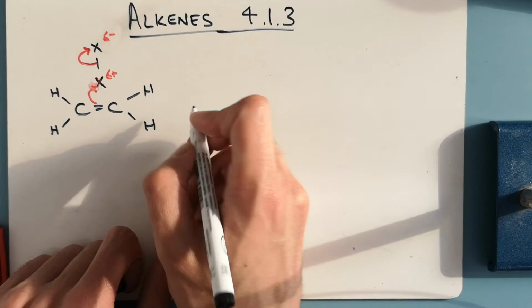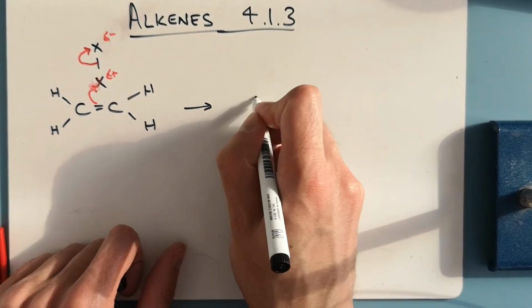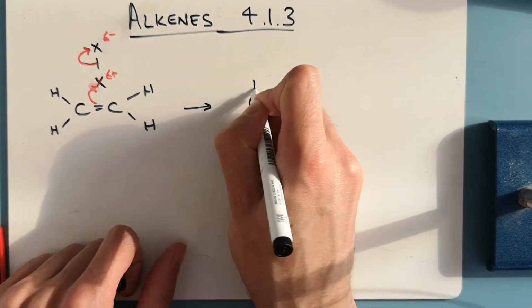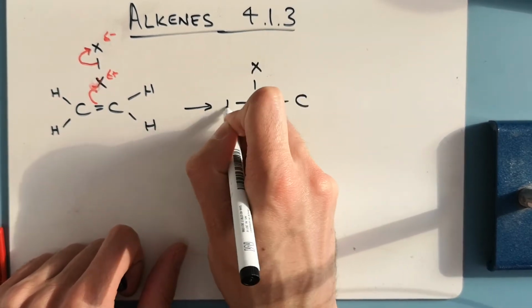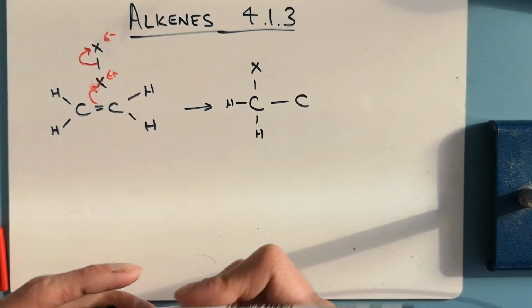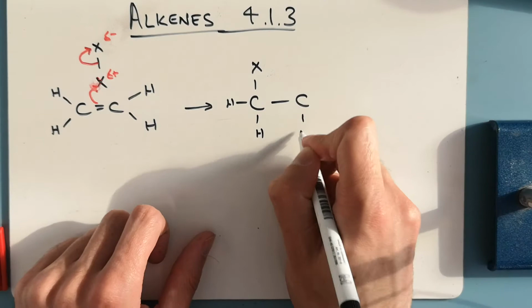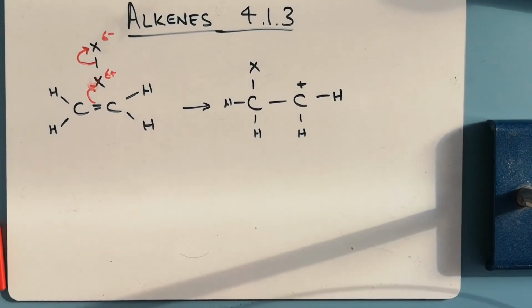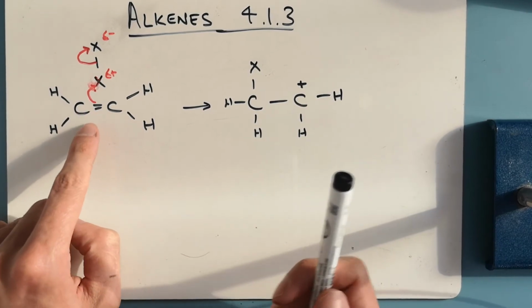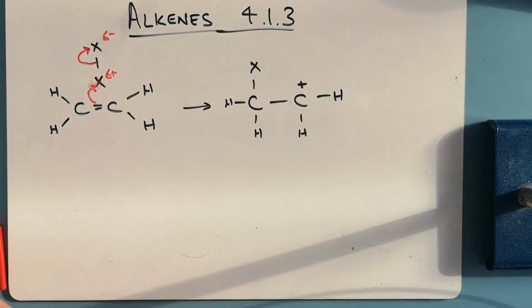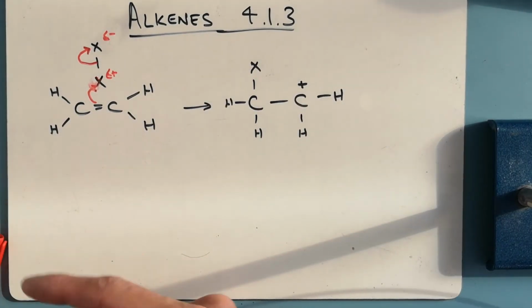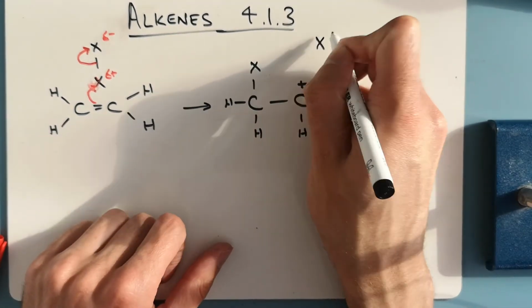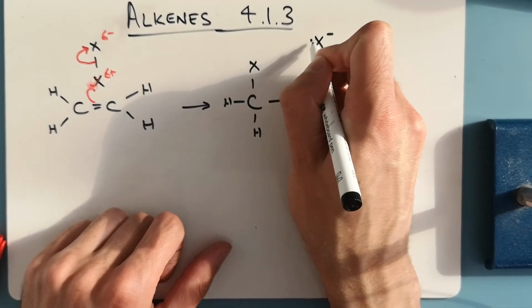This leaves us with an intermediate where we have our X attached to one carbon, whatever the X may be. And then on the other carbon, we've now got a positive charge because it's lost the one electron it donated into this bond with this X. And we have up here X, which has become a negative ion.